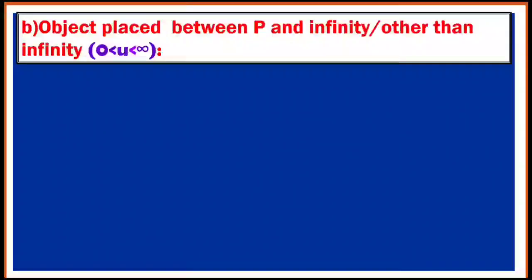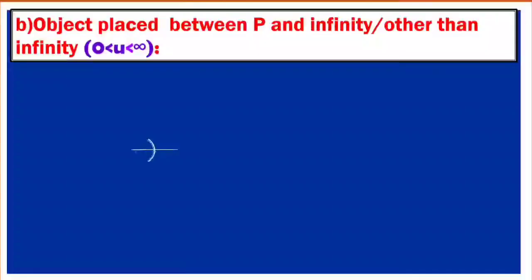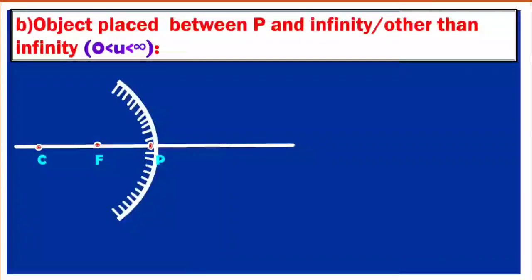Second ray diagram, that is, object placed between P and infinity, or anywhere other than infinity. When the object is placed between P and infinity, object distance u is between 0 and infinity. Here we can see a convex mirror.